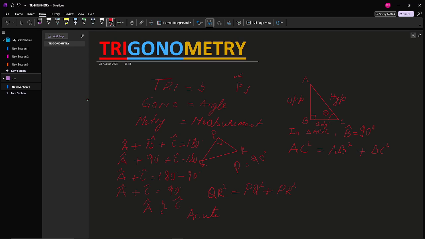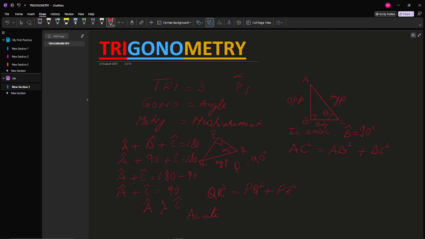Now for example, when I look into this triangle PQR, I marked angle P as equal to 90 degrees. For my reference, I'll mark this angle as alpha. There I took it as theta, now here I'll mark it as alpha. It doesn't make any difference. Now the side opposite the 90 degrees is going to be called the hypotenuse, HYP.